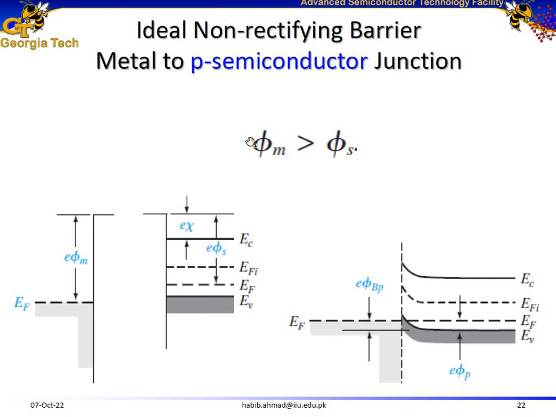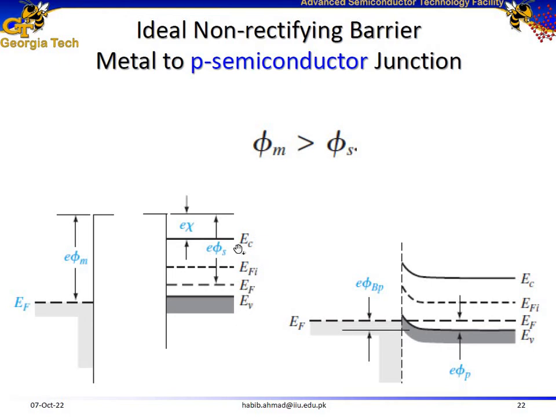So if we want to form a non-rectifying contact of metal to the P-type semiconductor, the metal work function should be greater than the semiconductor work function. This is the primary condition for this case. And as you can see, the metal work function running from EF to vacuum is greater as compared to the semiconductor work function running from EF to the vacuum.